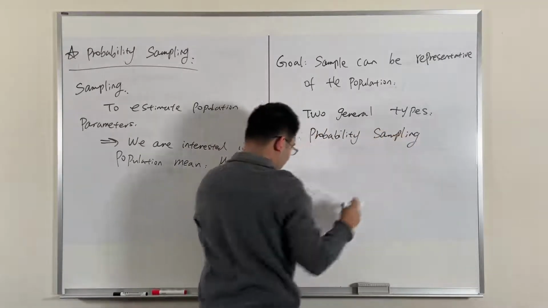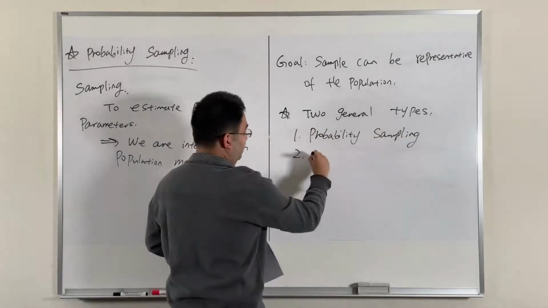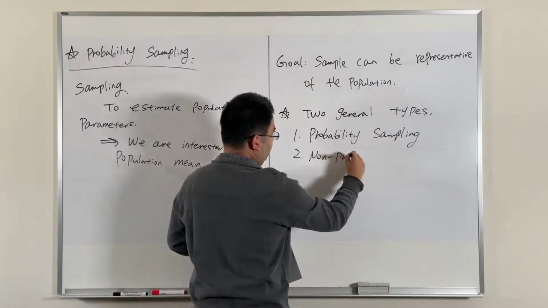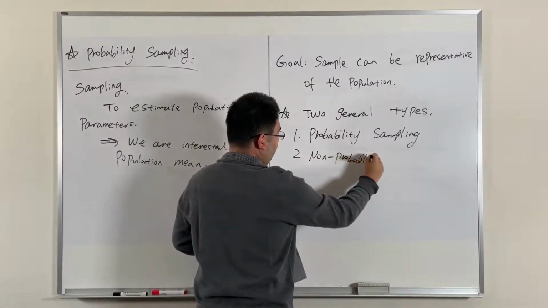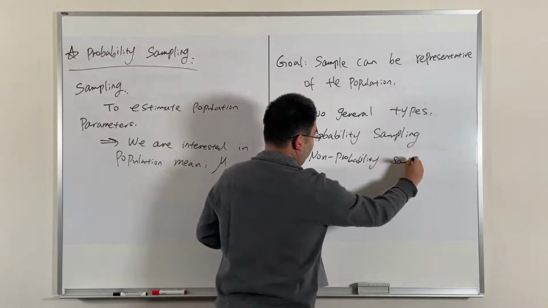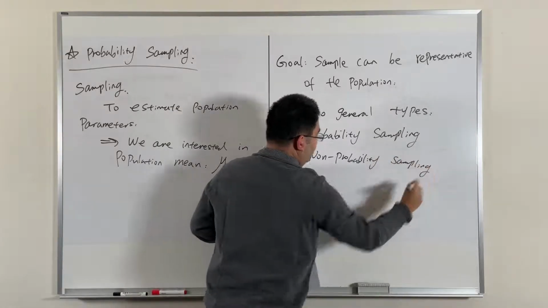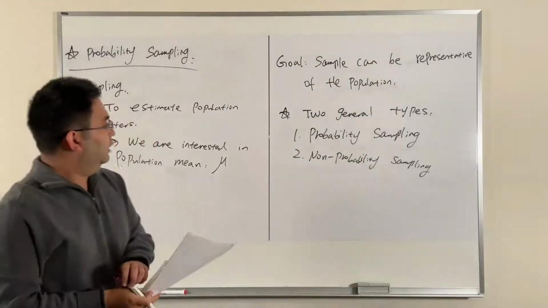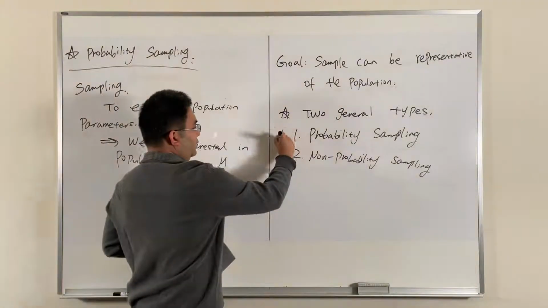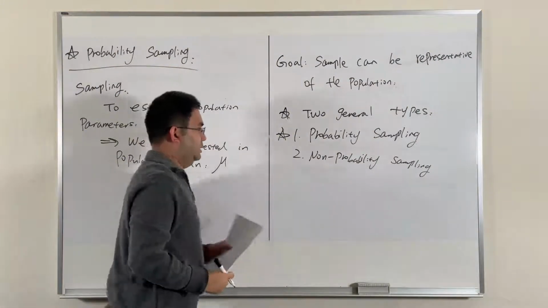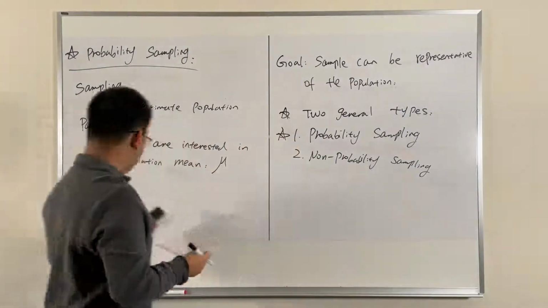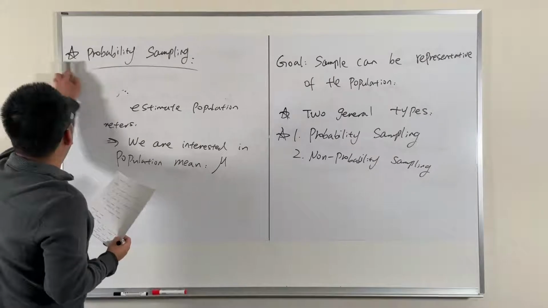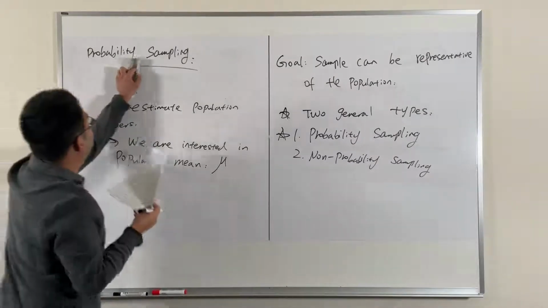And then the second type is non-probability sampling. In this video, we'll be focusing on the first type, probability sampling, and then next video we'll talk about the second type. Okay, I'm gonna keep this title here.